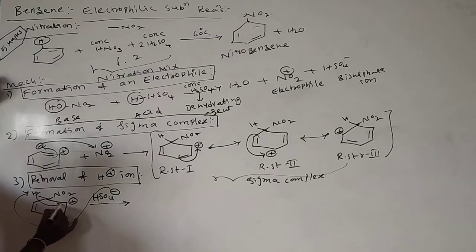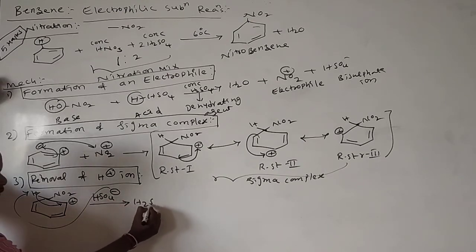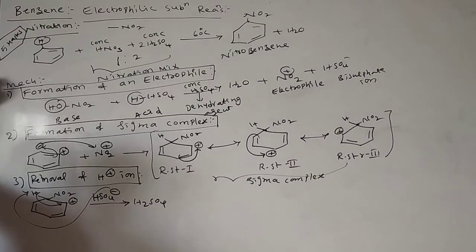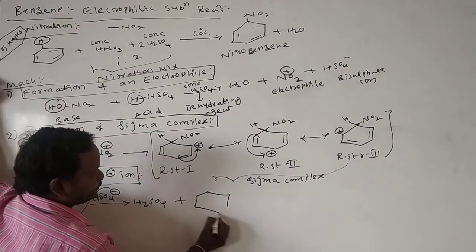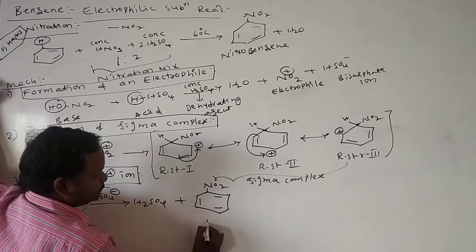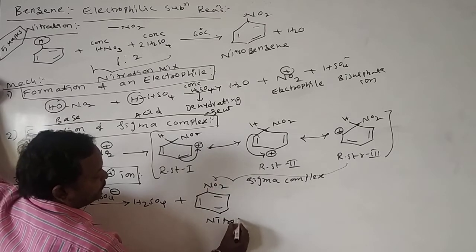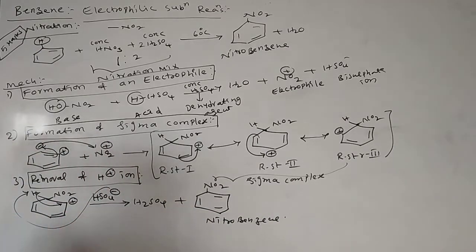Hydrogen donates electron towards the positive carbon. So HSO4 is released in the form of H2SO4. That means H plus ion attacks here and forms H2SO4. Finally, we get nitrobenzene. This is the preparation of nitrobenzene.